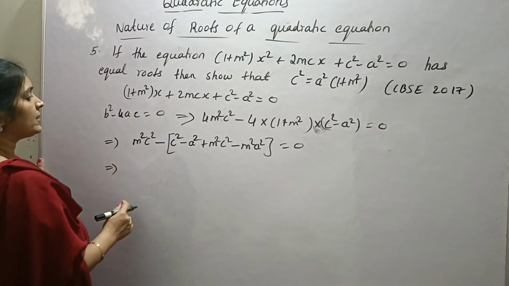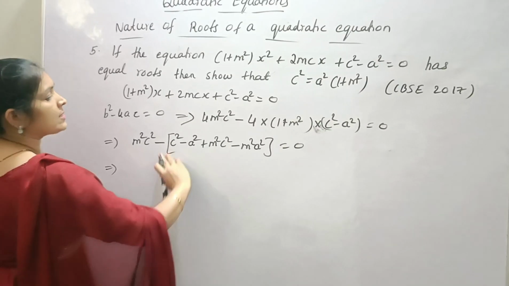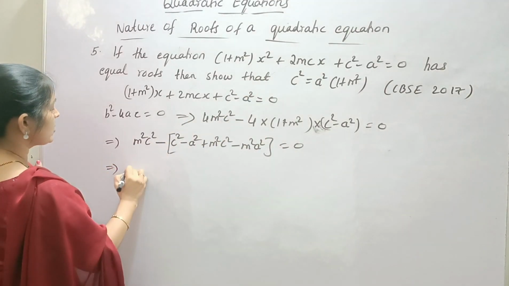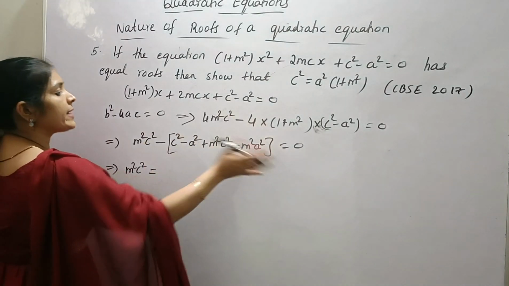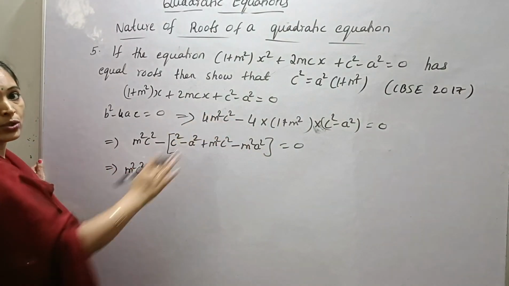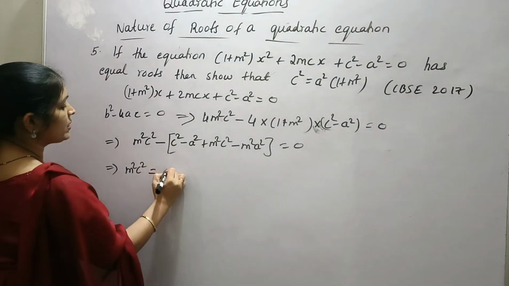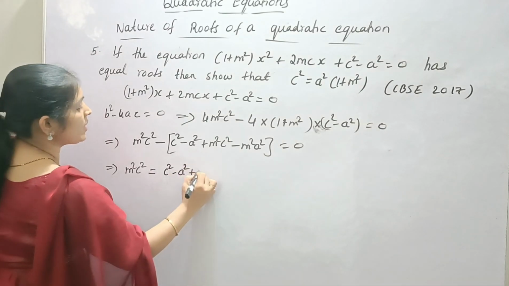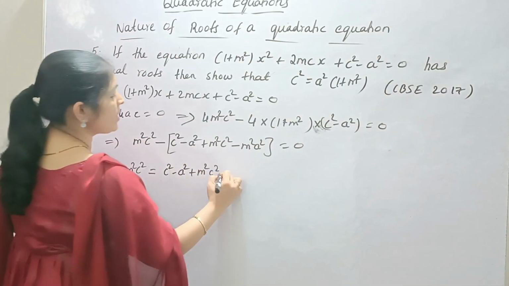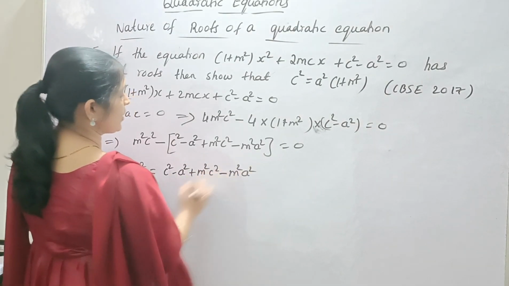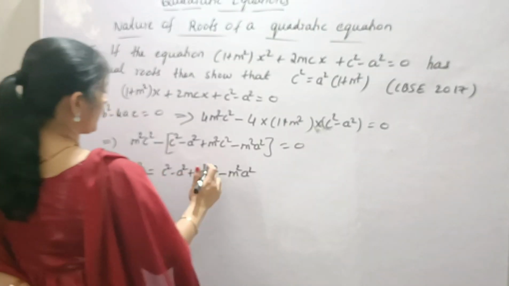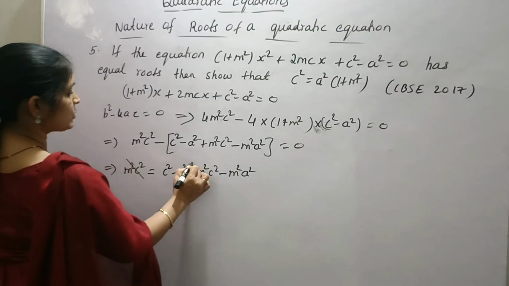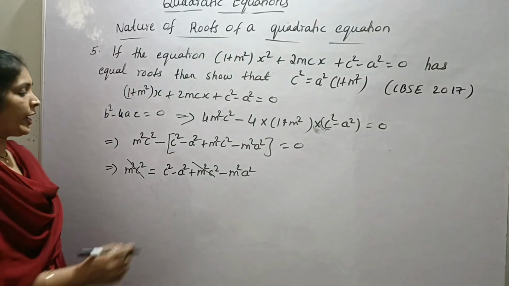Okay, that implies take this term right side, so m square c square is equal to, okay, minus is here, let's take all together to the right side, okay. So here c square minus a square plus m square c square minus m square a square. See here, m square c square is cancelled, okay.